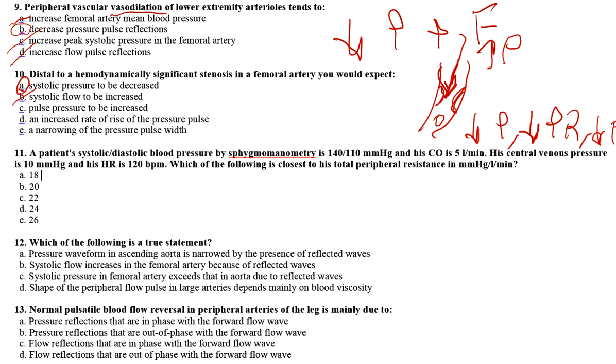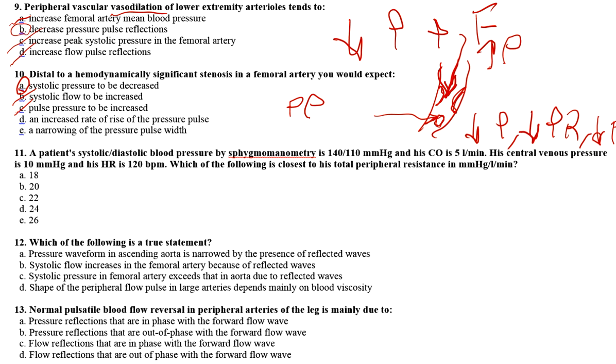C, pulse pressure to be increased. Okay, so if we're talking about right here after the stenosis, pulse pressure, if you remember, is the difference between systolic and diastolic. It'll either be the same or it'll be decreased, but there's no reason that it would be increased. So C is not right.